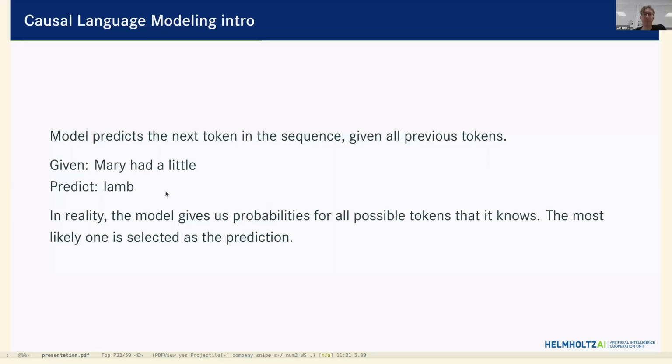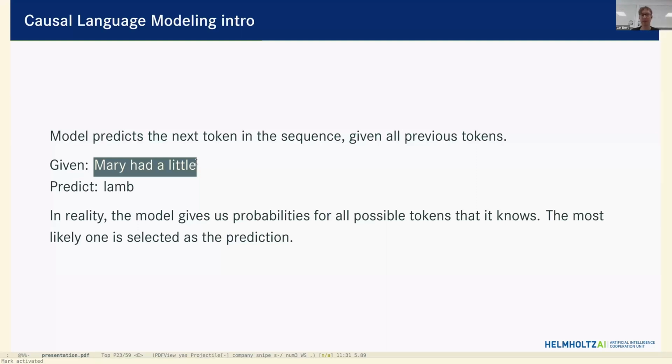Of course, in reality, it's not so simple. In reality, the model gives us what is called a probability distribution over all the possible tokens that it knows. And we just assume that the most likely token is the prediction of the model. The reason that we do this is that the sentence "Mary had a little" doesn't need to end in "lamb." It could also be "Mary had a little cat" or "Mary had a little dog."